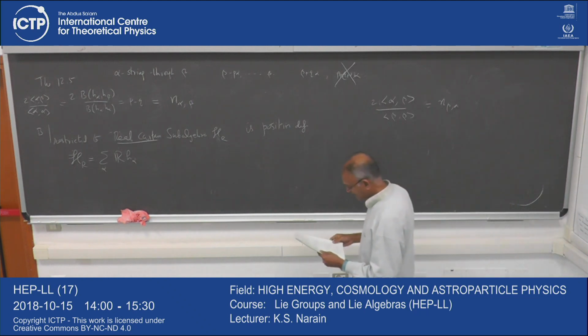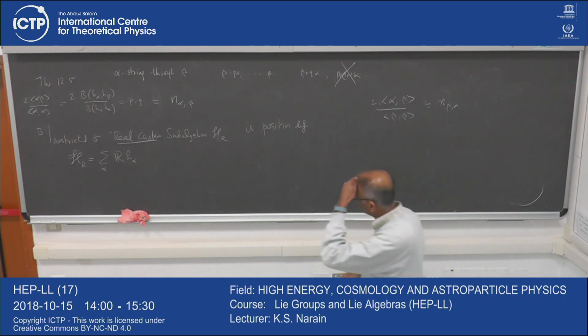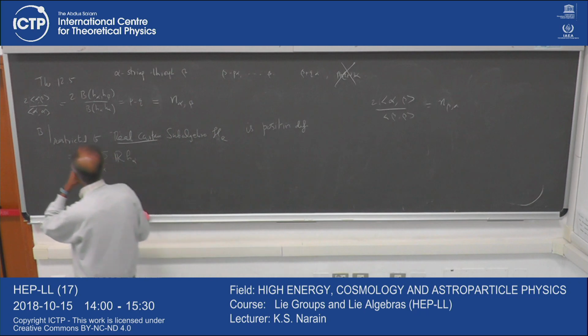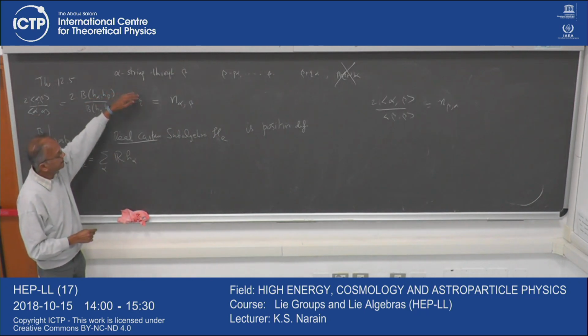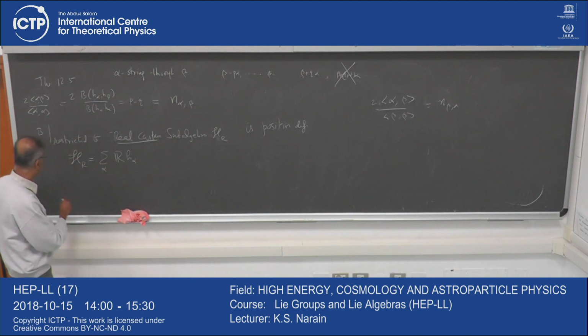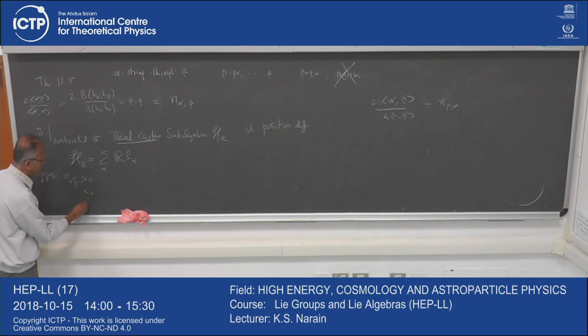Now some things you can immediately say. For example, let's consider again this alpha string through beta, and let's suppose n alpha beta is greater than 0. There are several possibilities. It can be greater than 0, less than 0, or equal to 0.